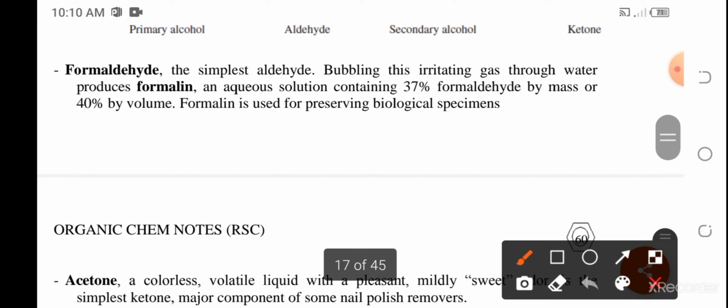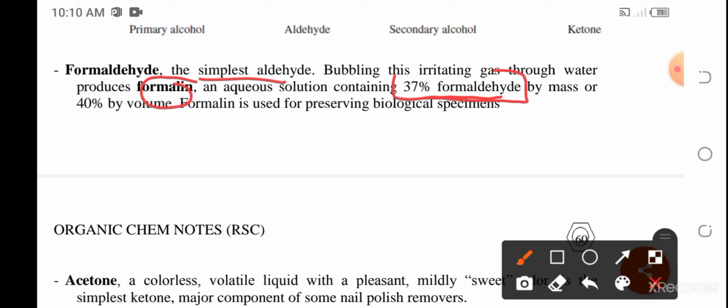Formaldehyde is the simplest aldehyde, and actually this is being incorporated in water so as to produce formalin. Formalin has 37% formaldehyde by mass or 40% by volume. When we say 37% formaldehyde, the 37 parts is formaldehyde and the other parts is water.